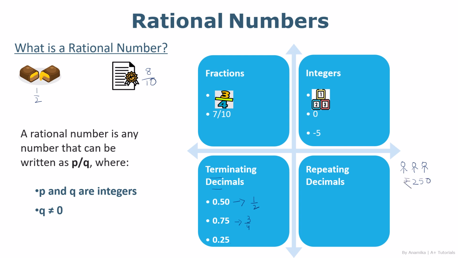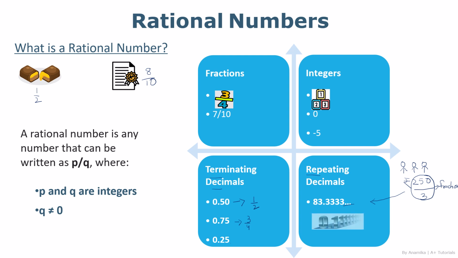So 250 divided by 3 gives you 83.333, and that 3 just keeps repeating forever. But this is still a rational number because 250 divided by 3 is a fraction. So even though the decimal goes on, it has a repeating pattern.